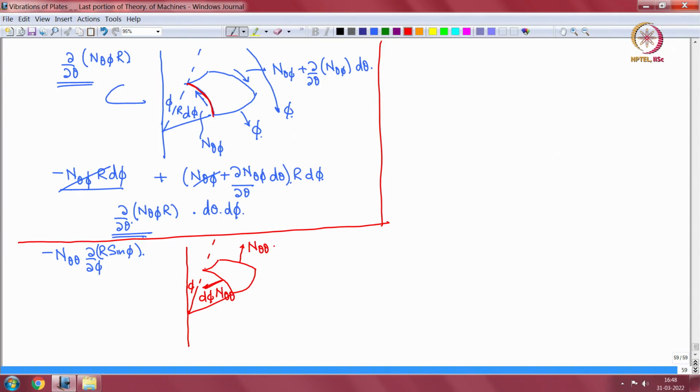If we look at it from the top, it looks like this.